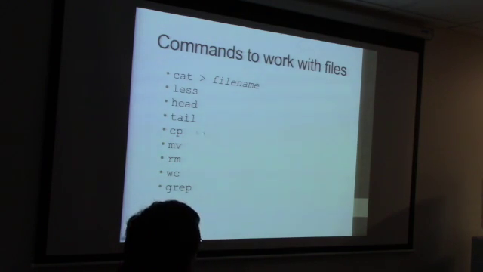CP is used to copy a file, so you go cp file name to the destination file name. MV is to change the name of a file. RM deletes the file. Word count, WC, gives you the counts of the symbols or words in a file. Okay?